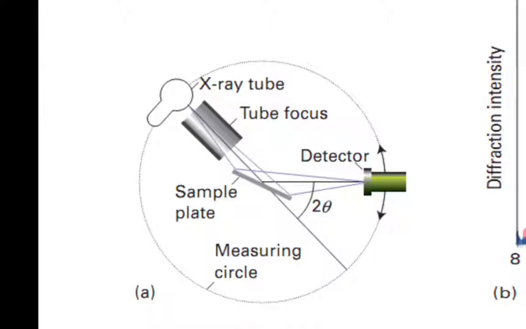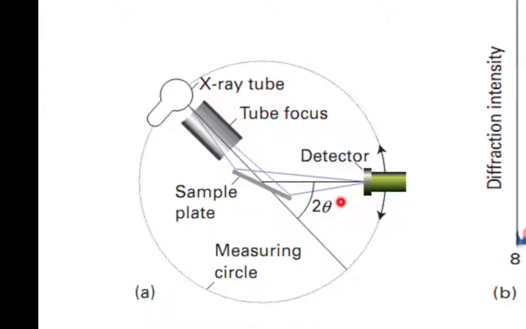For weakly absorbing compounds, the sample may be mounted in a capillary and the diffraction data collected in transmission mode. So in this method there are two modes for diffraction data collection: first is reflection mode and second is transmission mode.